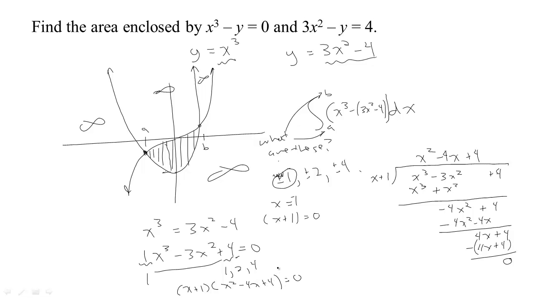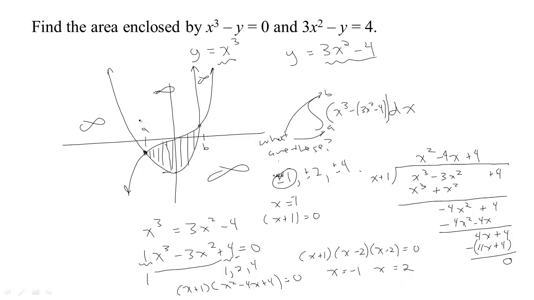And this is quadratic, so it's easy to factor, and even if I couldn't factor it using nice integers, I could use the quadratic formula to solve that. So I have basically x plus 1. This does factor to x minus 2 times x minus 2. And so we see that x equals negative 1 and x equals 2 are the two solutions.